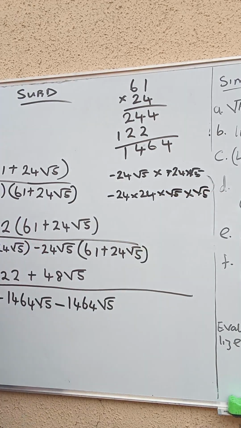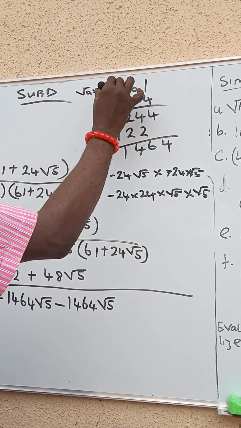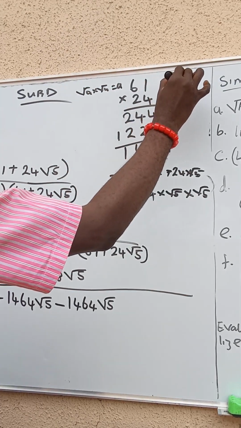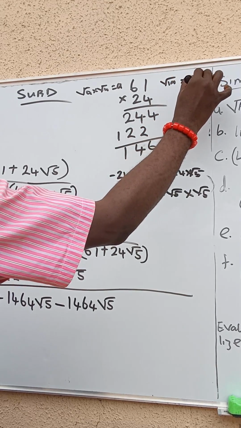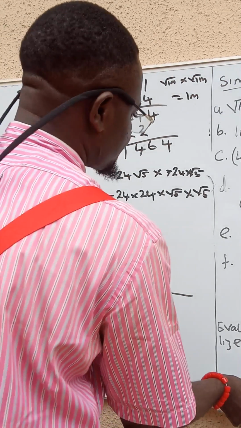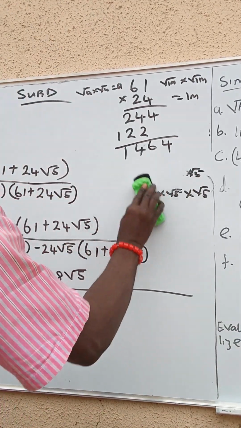Root 5. And I told you that root 5 times root 5 is what? 5. Because if I have root A multiplied by root A is equal to A. Root 1 million multiplied by root 1 million is equal to 1 million. Since it's root. Now, we're done. We're done with what? With that.